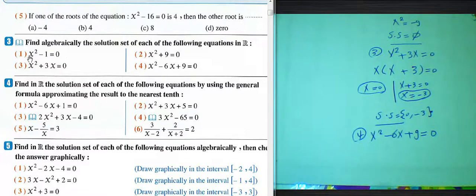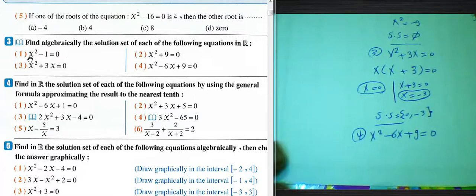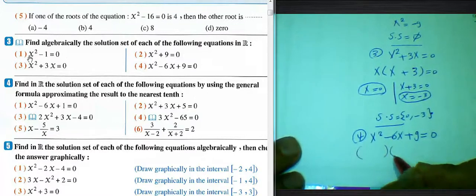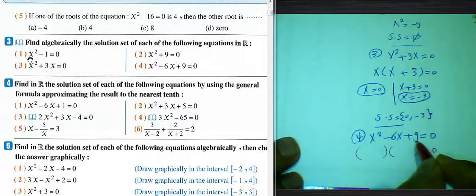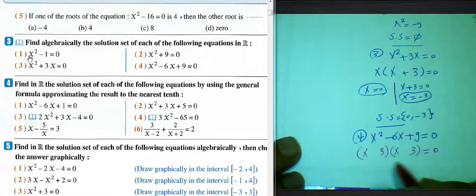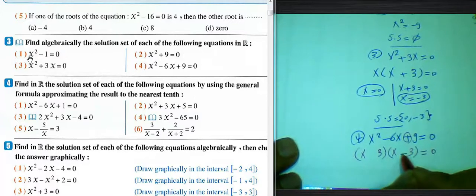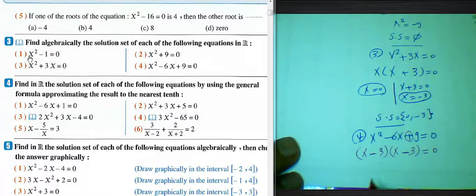We have 3 times 3 equals 9, and 3 plus 3 equals 6. So we have two numbers whose product equals 9. They will be 3 and 3, and their sum equals 6, so we write negative here and negative here, because negative times negative equals positive.